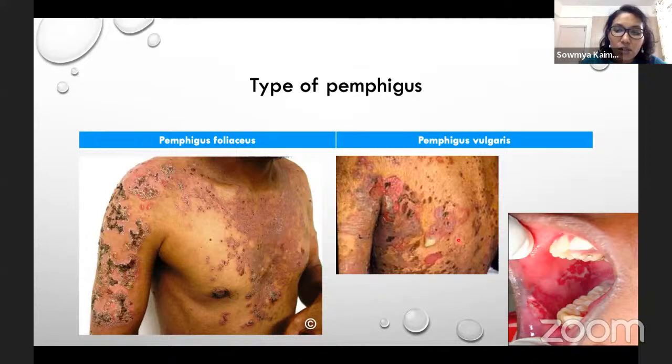These are called erosions. And typically, pemphigus vulgaris also causes mucous membrane involvement. So you can have mucous membrane involvement exclusively in terms of oral pemphigus or ocular pemphigus, or you could have the mucous membrane involvement preceding the onset of skin lesions. In pemphigus foliaceous, as a rule, there is no mucous membrane involvement.